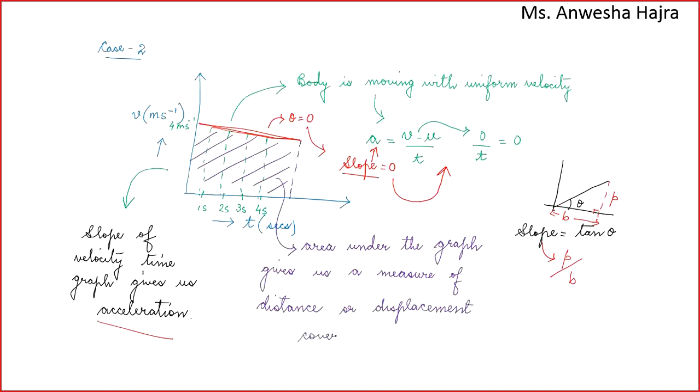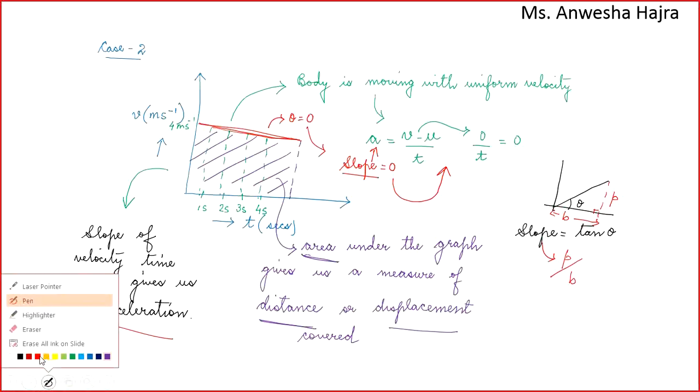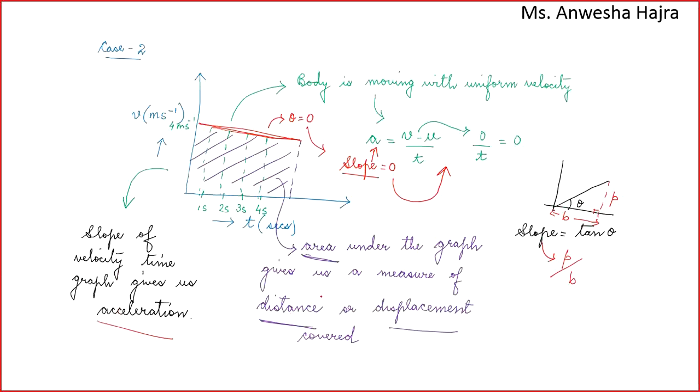So by finding out the area, we can find out the distance or the displacement. Now, when we will get distance and when we will get displacement, we will study later on. But two important points. One, the slope gives the acceleration. Number two, the area under the graph will give us the distance or the displacement.